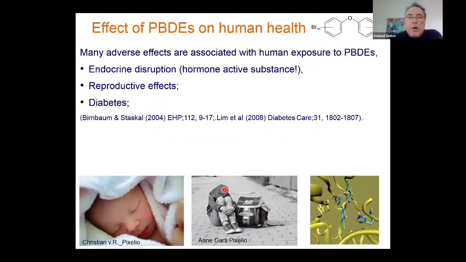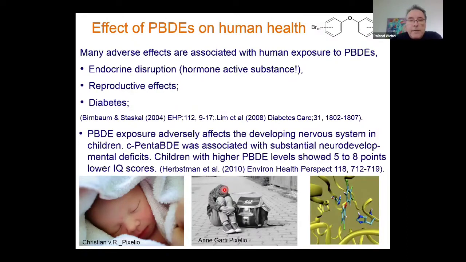They have a range of adverse effects on humans. They are strong endocrine disrupting chemicals. This means a hormone-like substance. By this, they have effects on the reproduction of males and females, on diabetes, and a very important adverse effect is on the development of the nervous system in children.